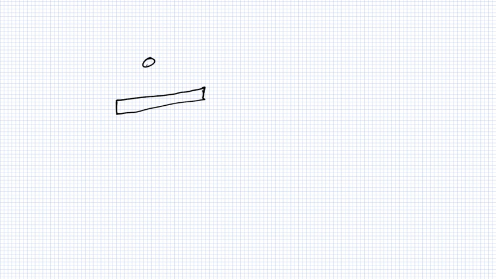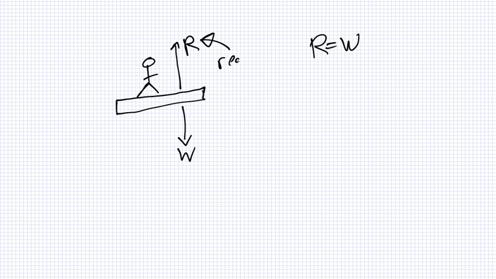So when you stand on a weighing scale and it's not moving, there's a reaction force up and a weight down. If nothing is moving, then R will equal W. R is what the scales actually read. When people designed the scales, they knew that as long as the scales aren't moving up or down, then R will equal W, and W is equal to mg.